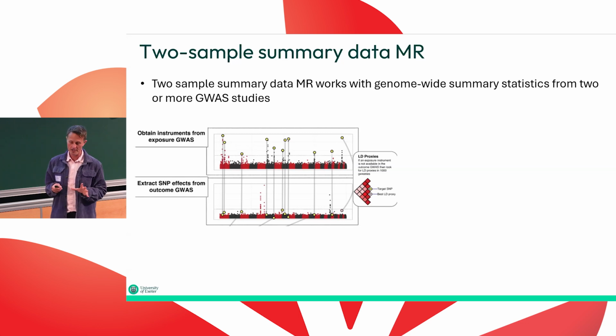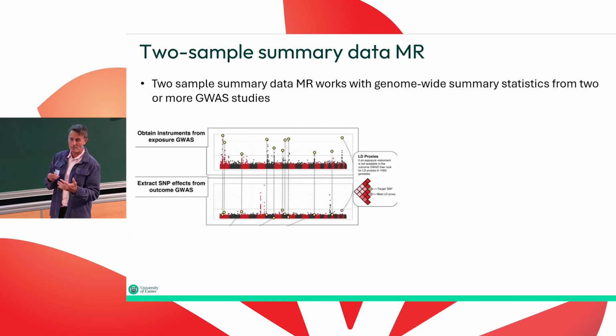And this is an approach that can link different data sets that might have measured the association between a gene and an exposure, like BMI, and then a separate genome-wide association study that measured the association between your genetics and systolic blood pressure.